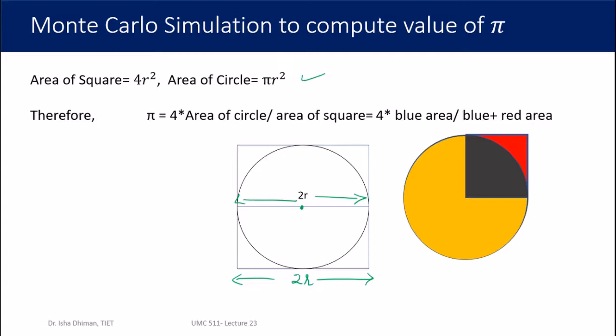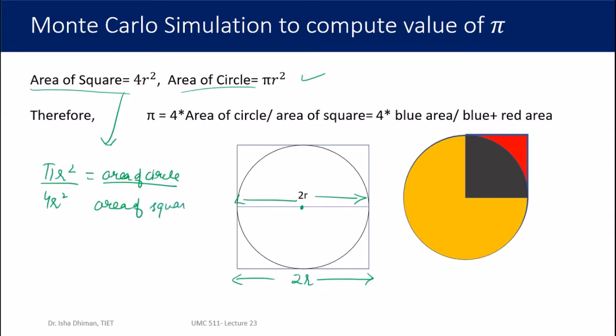So if you divide the area of the circle by the area of the square, you will see the calculation: pi r square by 4r square is equal to the area of the circle by the area of the square.